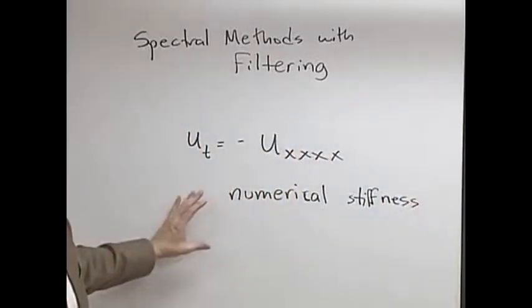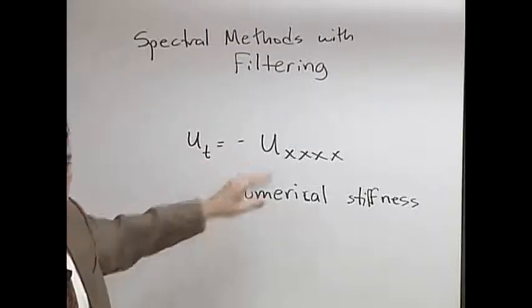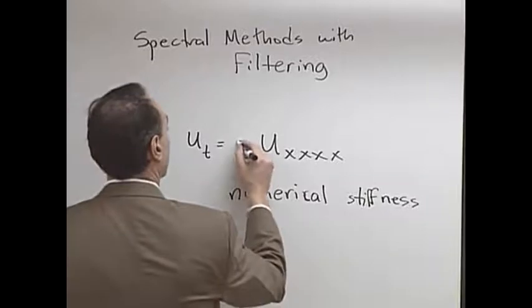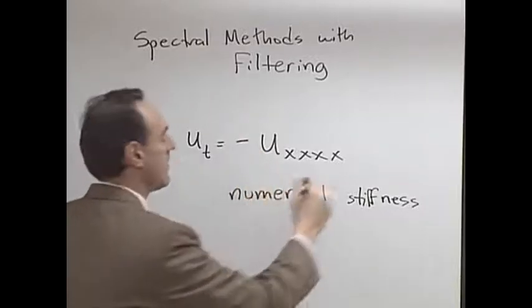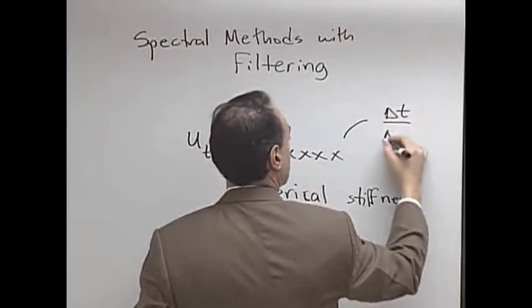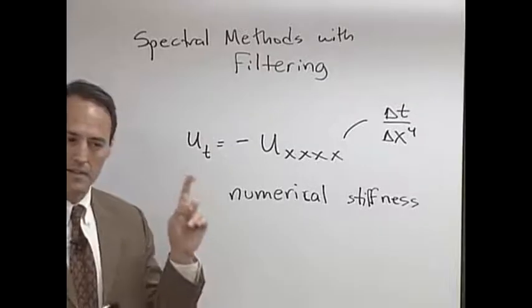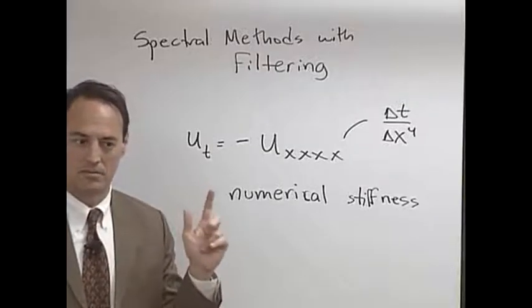The idea here was if you have a problem with high derivatives, and you start to discretize, if you remember, your CFL, for instance, in this case looks like this. Now that delta x to the fourth on the bottom kills you.